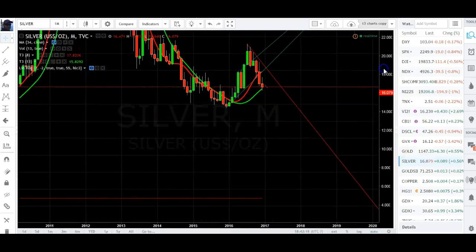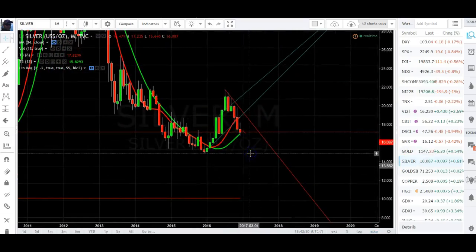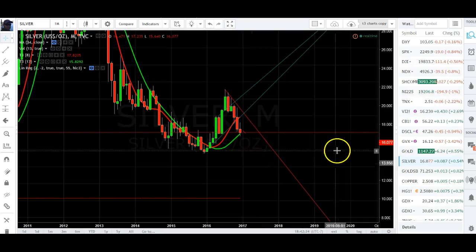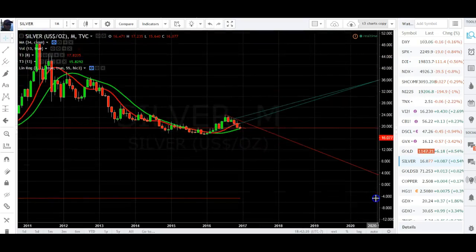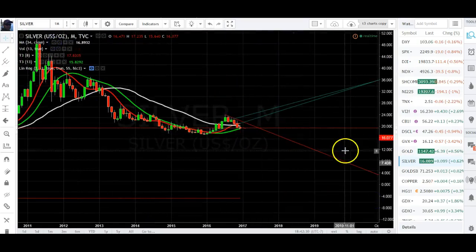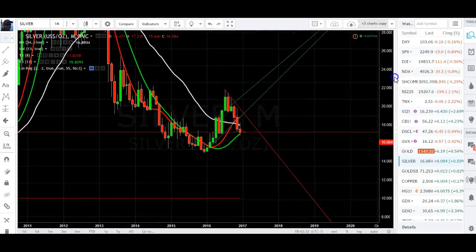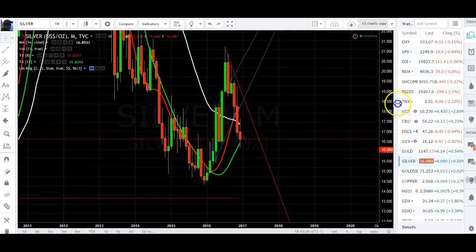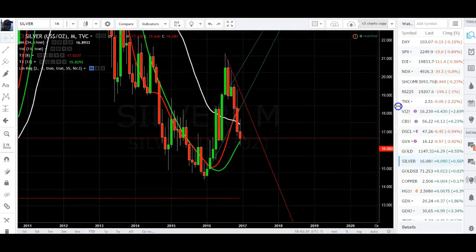Don't mind all those stupid lines, but it came right into the EMA 13. Where's my 34 at? Oh, I didn't turn it on. Done. So it looks like an inverted hammer. No, that's not nothing. That's not nothing.